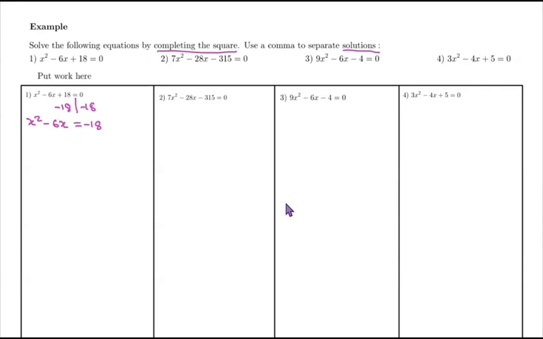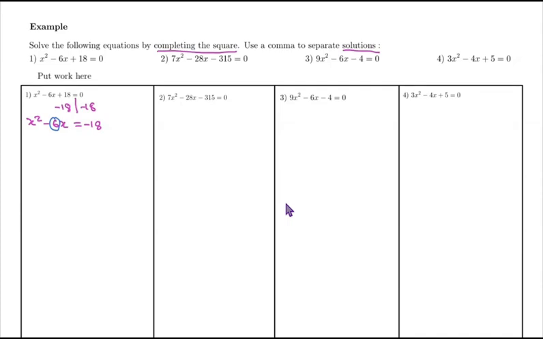The constant term that makes this expression a perfect square trinomial is 6, the linear coefficient, 6 divided by 2 to the second power. So that is 3 squared. That is 9. So we have 9 that we will add on both sides of this equation.